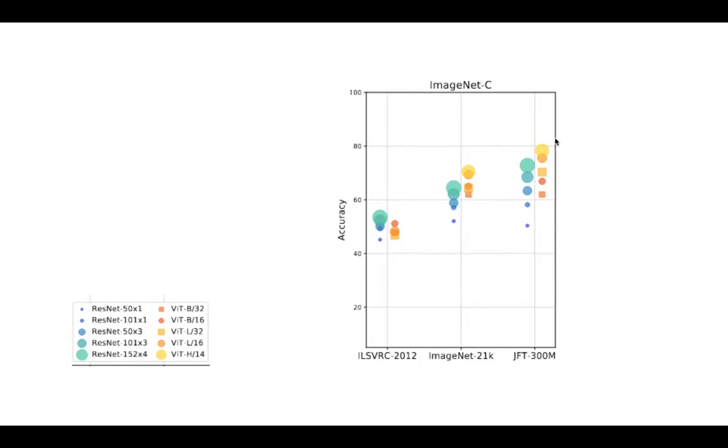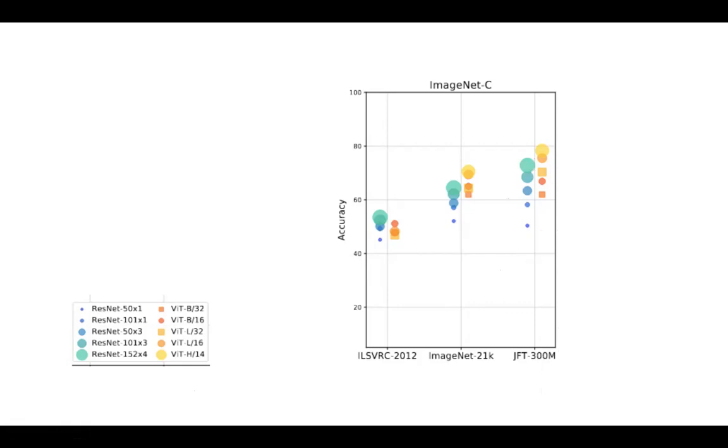It performs even better than a CNN. So as we can see on this JFT data set that has 300 million images, the ViT, the vision transformer, huge, that has patches of 14 by 14 pixels, performs even better than the best ResNet model.